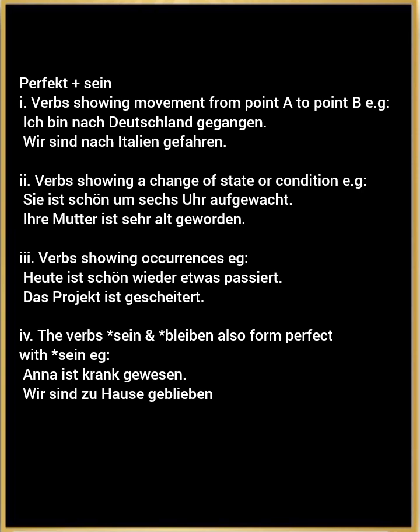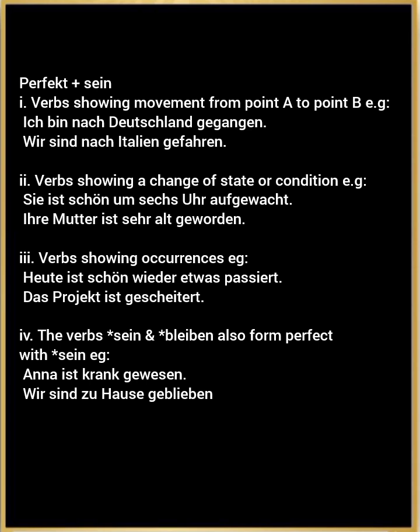Verbs of movement: gehen, fahren, fliegen. They form their perfect tenses with sein. Ich bin nach Deutschland gegangen. Wir sind nach Italien gefahren. We traveled to Italy. So for these verbs of movement, kindly ensure that they form their perfect with sein.